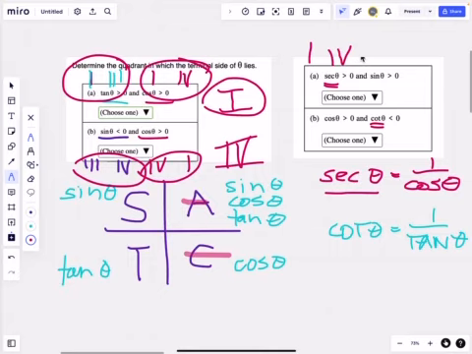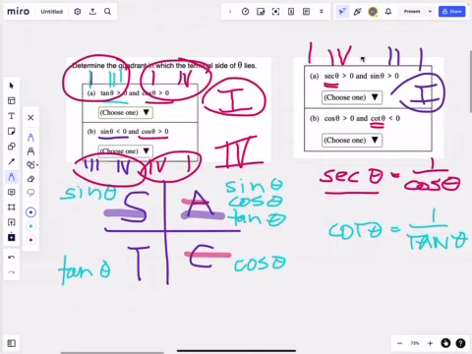And then where is sine positive? Well, sine is going to be positive in 2 and 1, so 1 and 2. And so in this case, we've got a quadrant 1 thing going on.